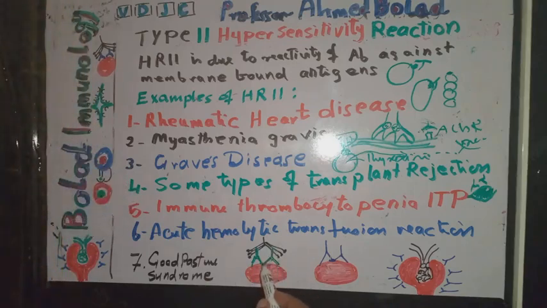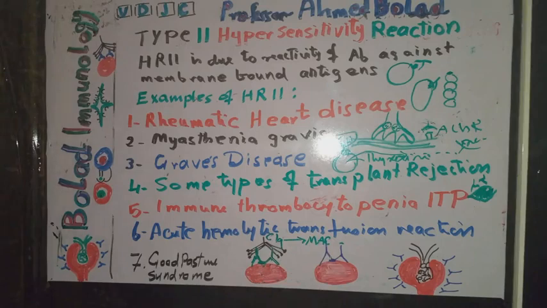Binding of antibodies to some antigens on the surface of the red blood cells will activate C1, C1q will bind, and this will lead to formation of membrane attack complex.